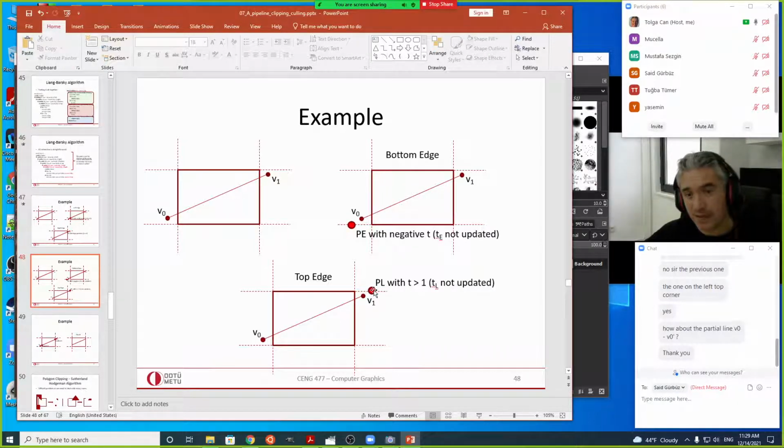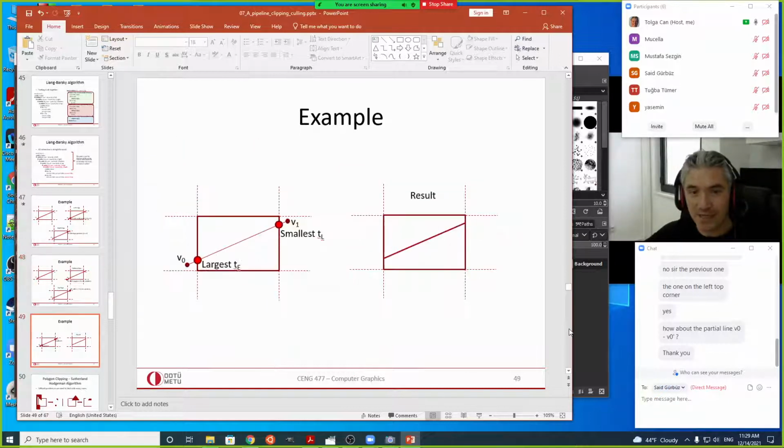T is not updated in this case if it's smaller than the current one. If the intersection point occurs beyond the boundaries in certain cases when it's potentially leaving, for example, we do not update it. So the largest TE and the smallest TL will give us the line that is clipped at the end.